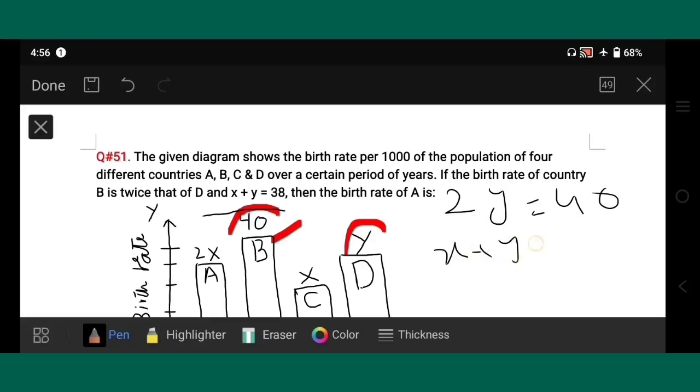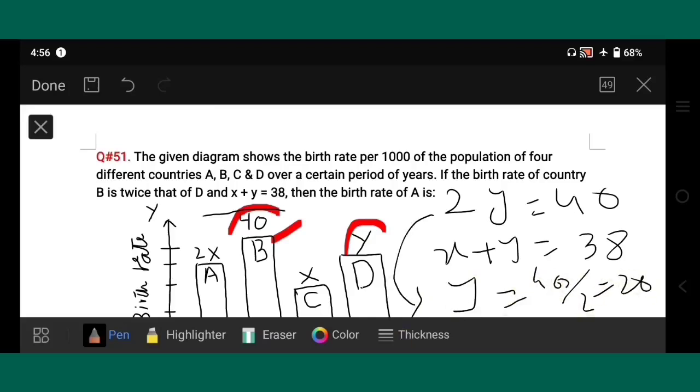X plus y equals 38. Let's say y equals 40 divided by 2, so it gives 20.